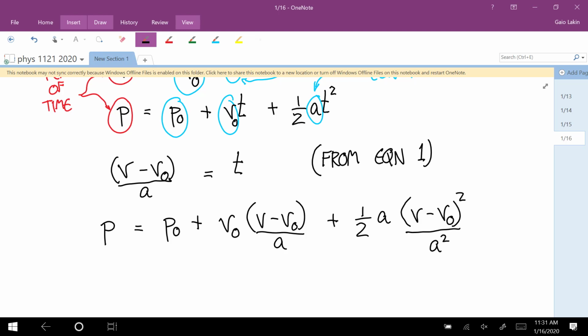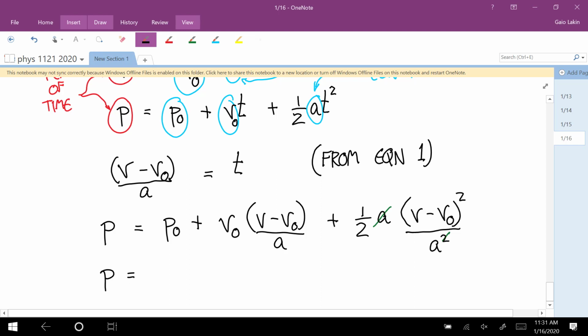That's already an expression that relates these variables without time in it, but we can make it look a lot cleaner. So let's cancel this A and one of those two A's. And I'll write this as P is equal to, let's just get the whole thing over A for now.